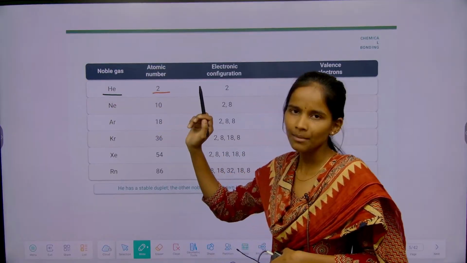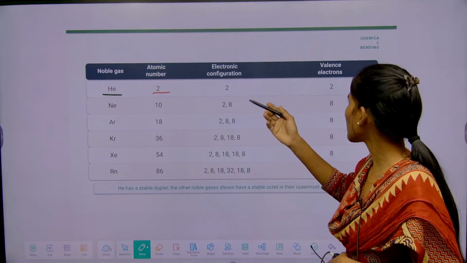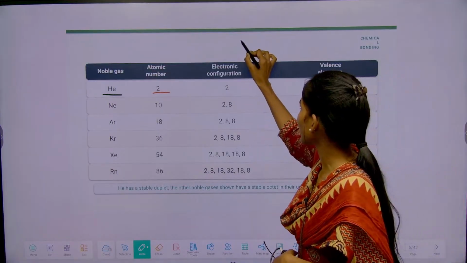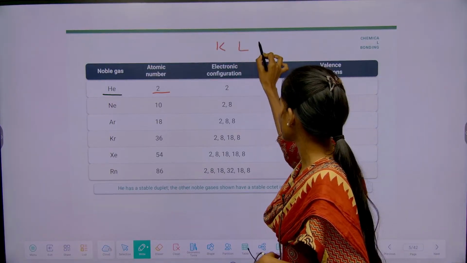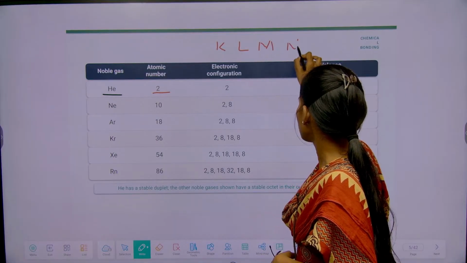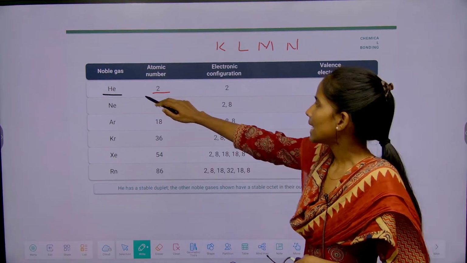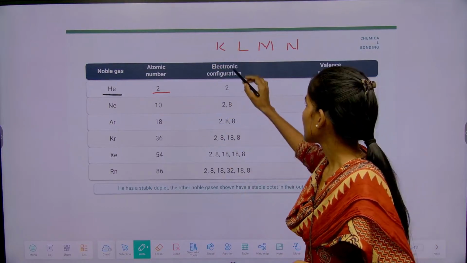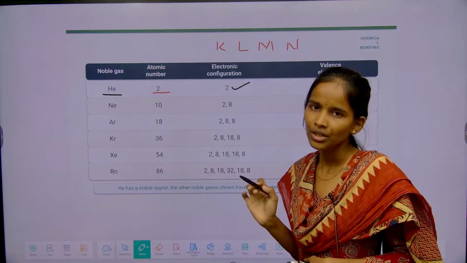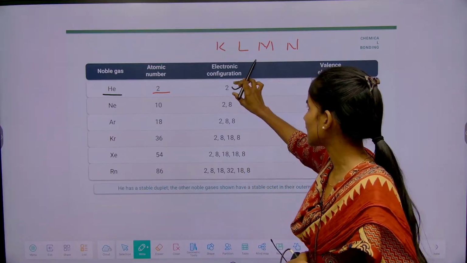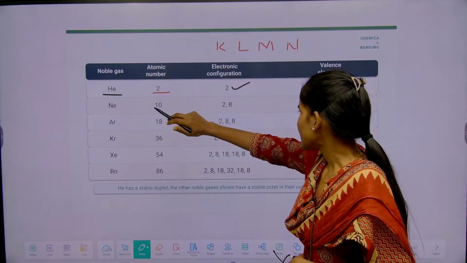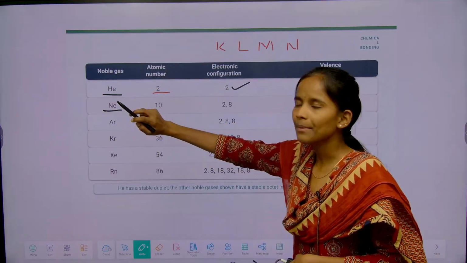Atomic number of helium is 2, and we already know how to write the electronic configuration in K, L, M, N shells. In helium, atomic number is 2, so it has 2 electrons. In the K shell it has 2 electrons, it is filled, and this is the electronic configuration for the helium atom.